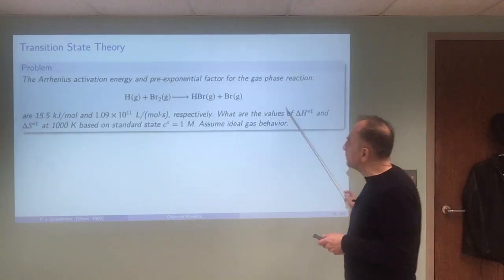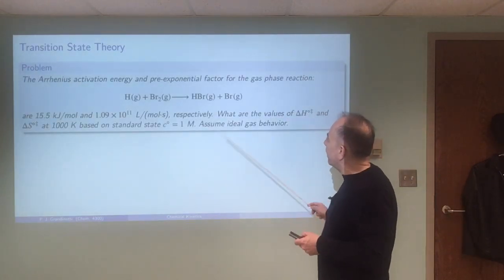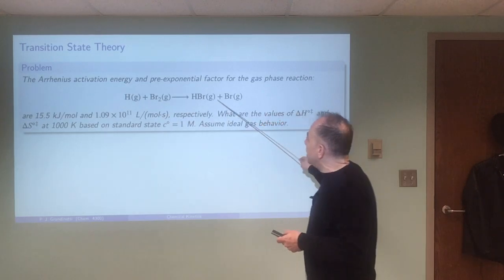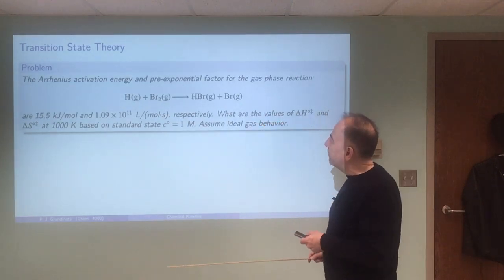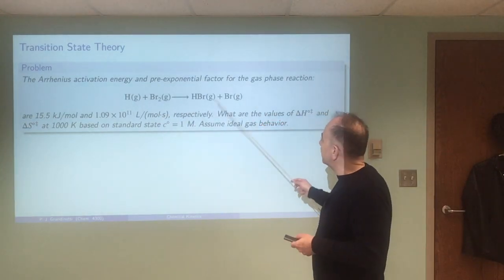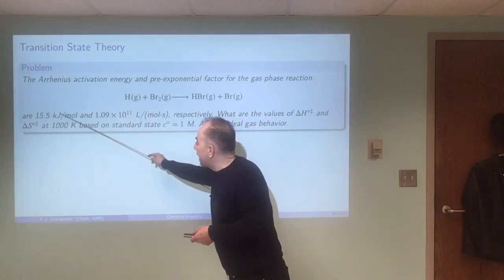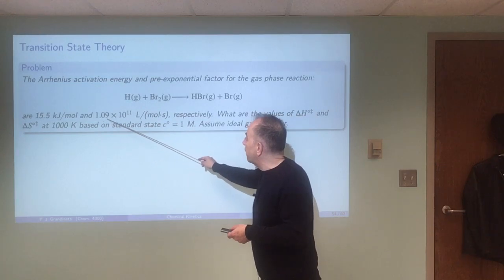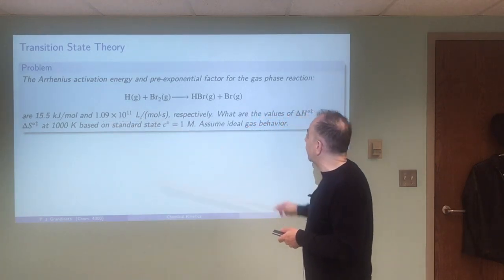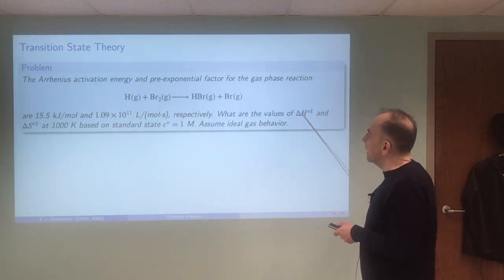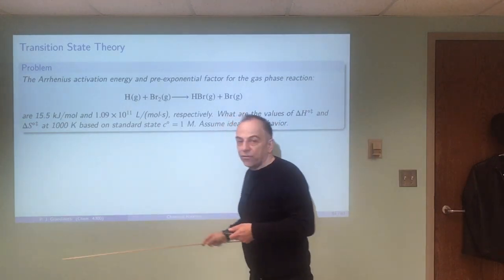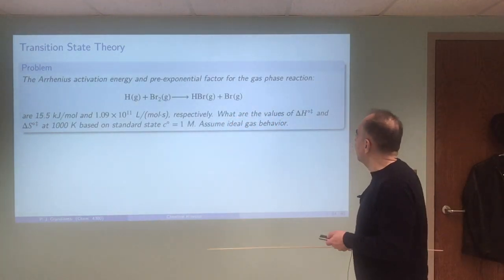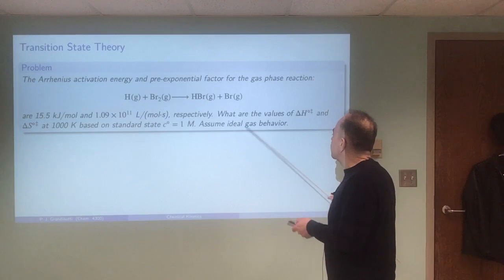So let's take a look at an application where we have, for this reaction, we know the Arrhenius activation energy and the exponential prefactor. The activation energy is 15.5 kilojoules per mole, and the prefactor is 1.09 times 10 to the 11th liters per mole second. And we want to get the delta H and the delta S for the formation of the transition state.